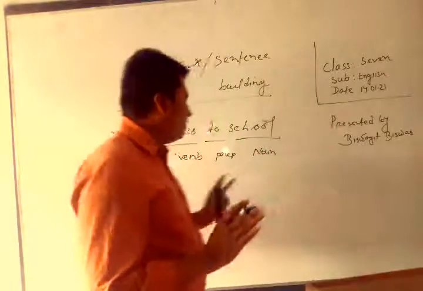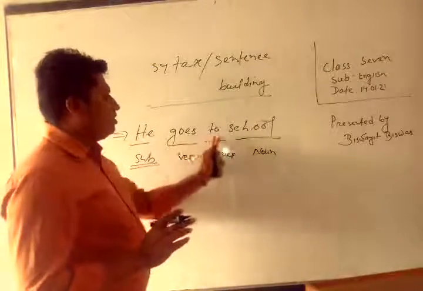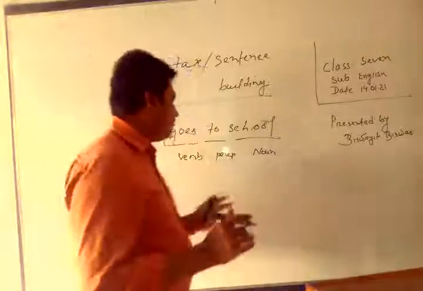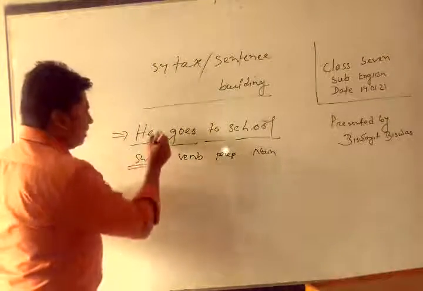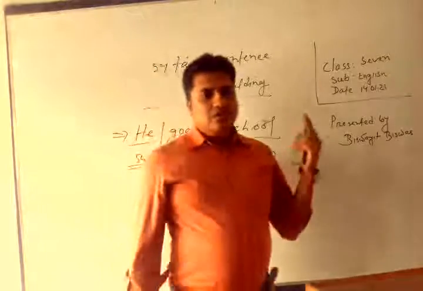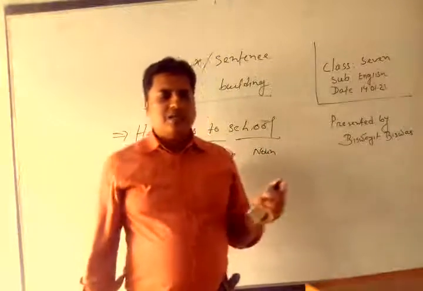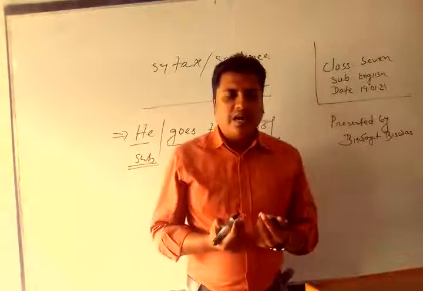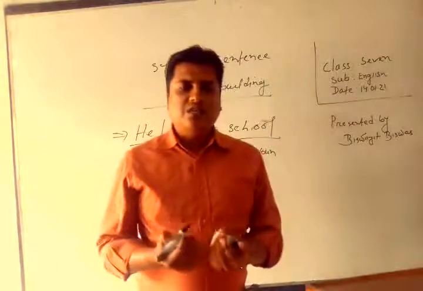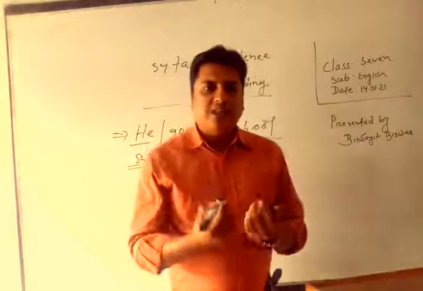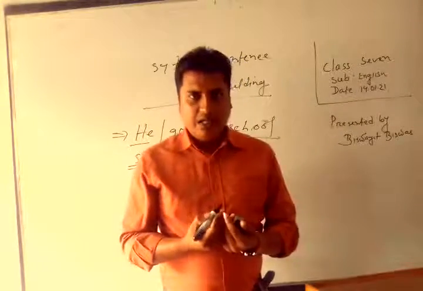So I have written here, he goes to school. The sentence is correct because the sentence follows the subject. Without subject, a sentence cannot be built up. When we take down a sentence, we must use a subject. Otherwise, we cannot place or use a verb at all.